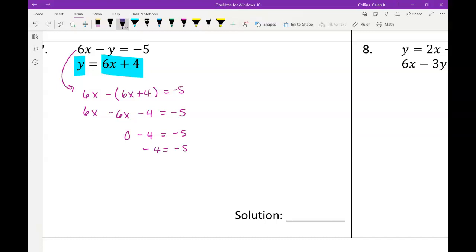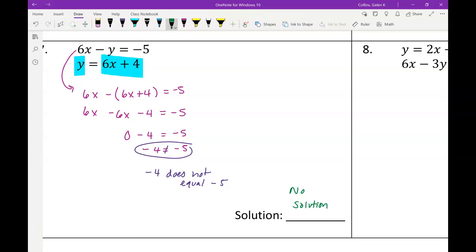So when this happens, and we get a statement that is false, we know negative 4 does not equal negative 5. So when we get to that statement where it says negative 4 equals negative 5, but that's not true, what that means is that our system has no solution.